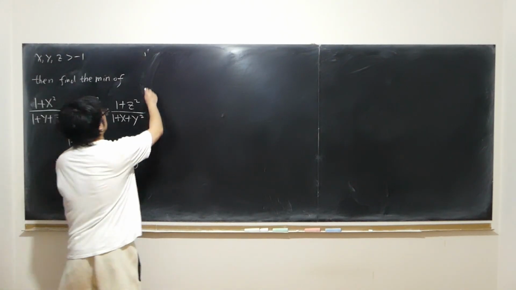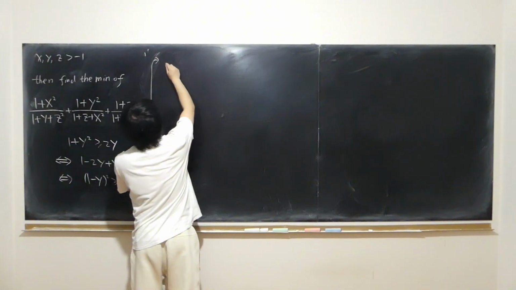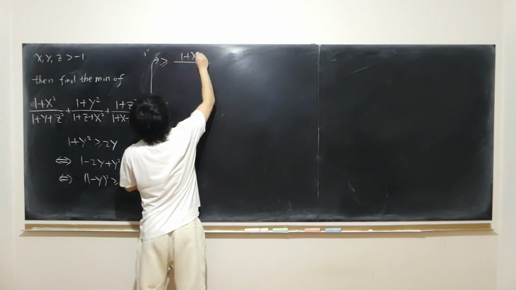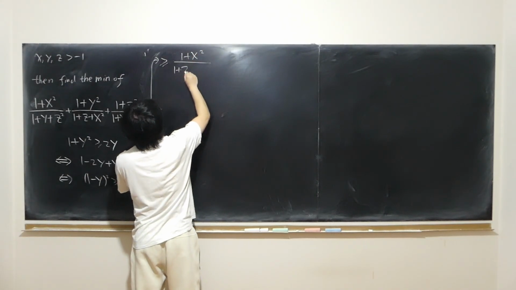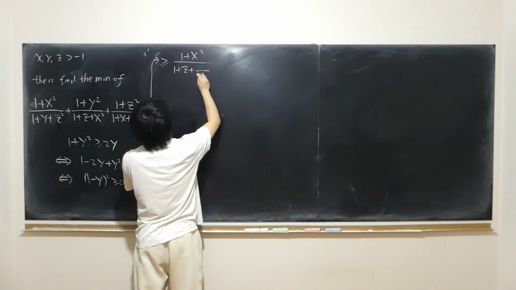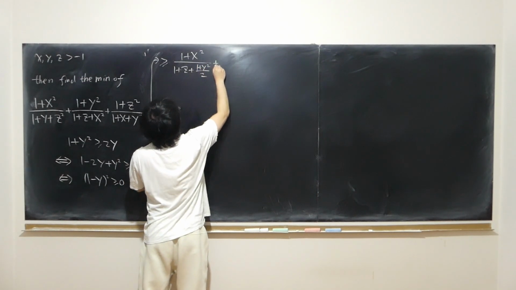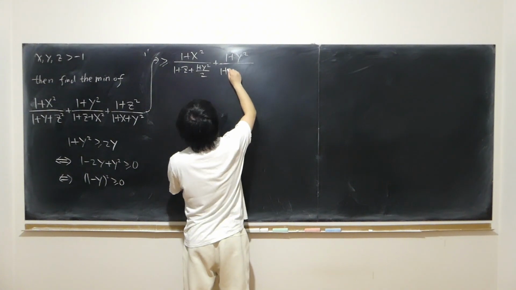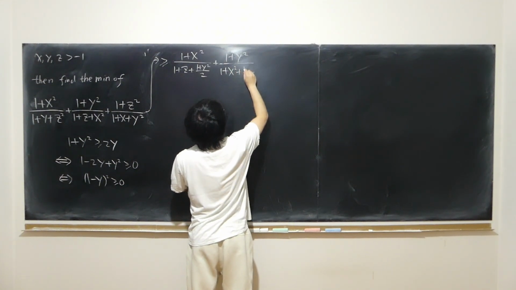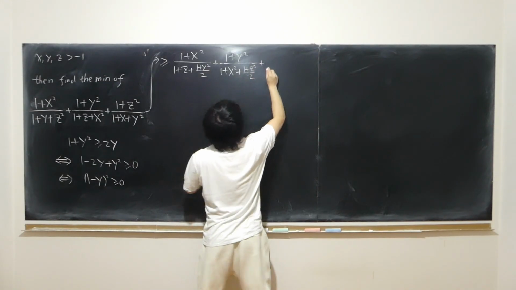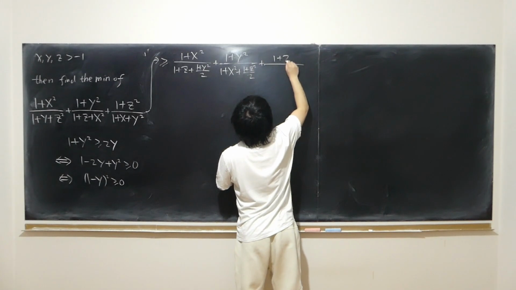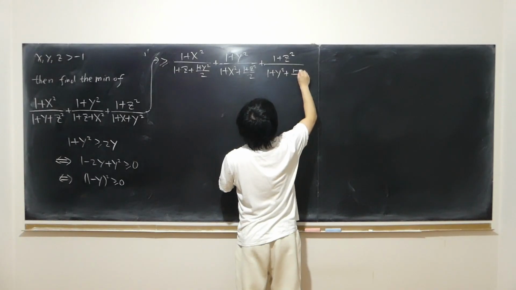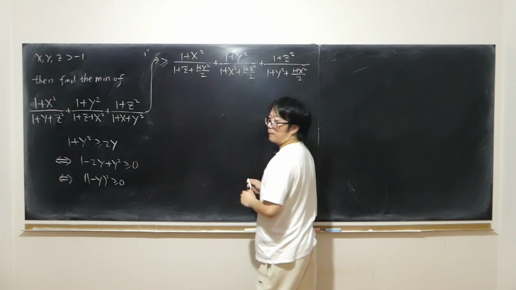Likewise for z and x. So the whole original could be greater than (1 plus x squared) over (1 plus z squared) plus half of 1 plus y squared, plus (1 plus y squared) over (1 plus x squared) plus half of 1 plus z squared, then (1 plus z squared) over (1 plus y squared) plus half of 1 plus x squared, for the same reason.